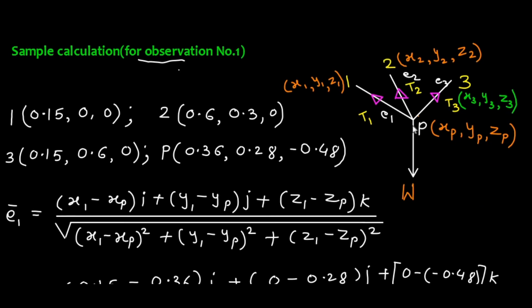In the same way, we will calculate the unit vector for this tension T2 which is acting from point P to point 2. Hence, while calculating the unit vector along this line, we have to subtract the coordinate of point P from the coordinate of point 2. Similarly, for the coordinate of point 3 minus the coordinate of point P to calculate the E3 unit vector.